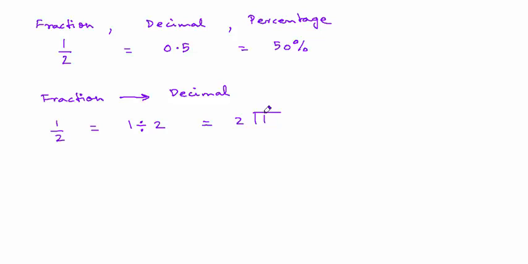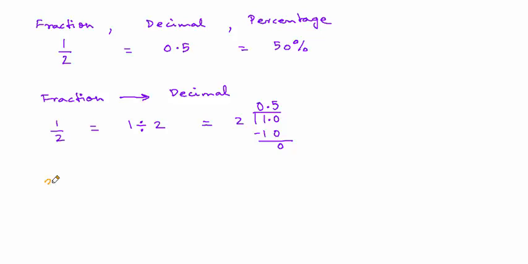Note that any integer can be written in decimal form by putting a decimal point at the end of the number, followed by zeros after the decimal point. So 1 can be written as 1.0, and because 2 cannot divide 1, you divide 2 into 10. Put a decimal point over here, and then because 2 times 5 is 10, write down a 5. You have a 10. 2 times 5, subtract, there's no remainder, and there you go. 1 divided by 2 is 0.5, which is what we have over here.